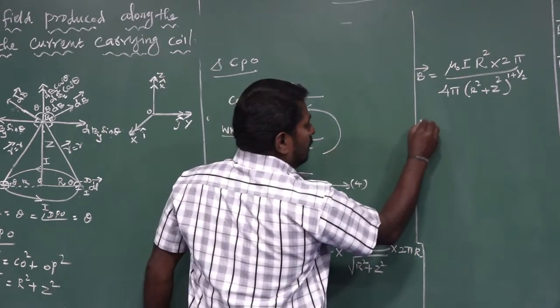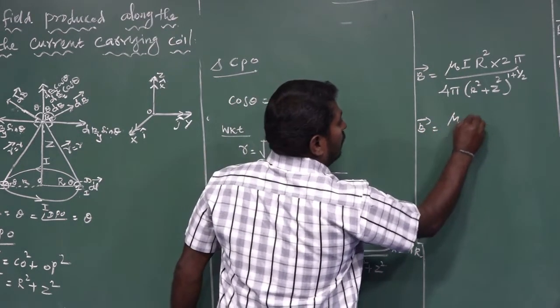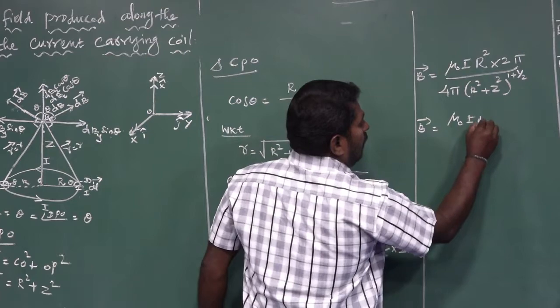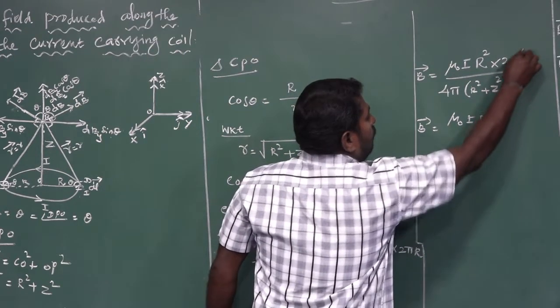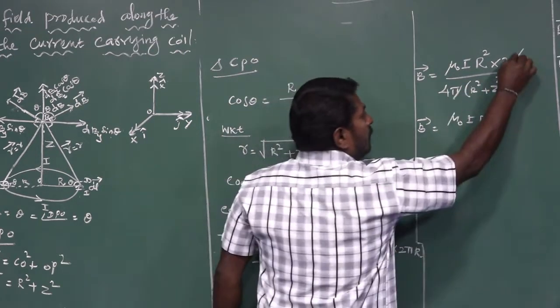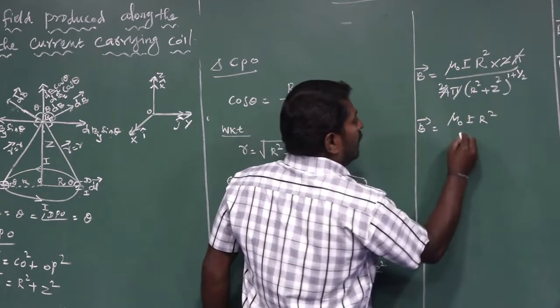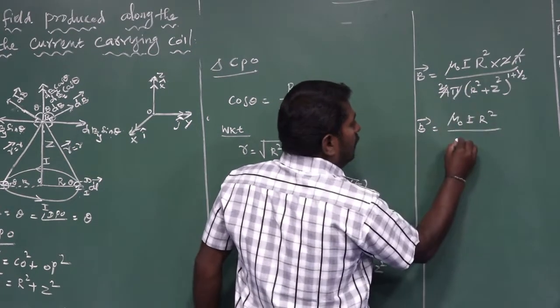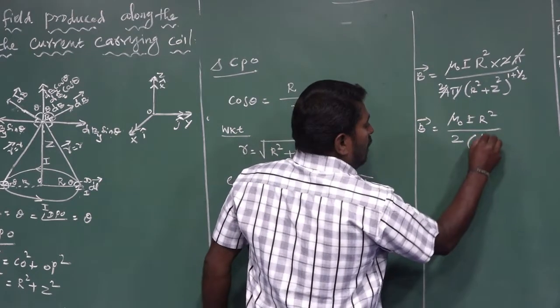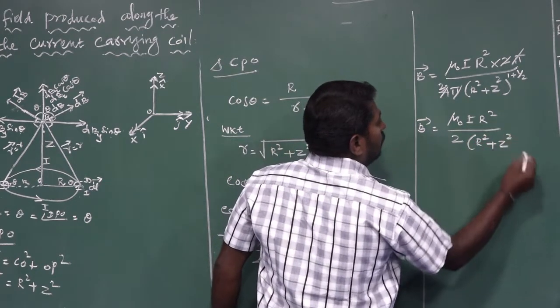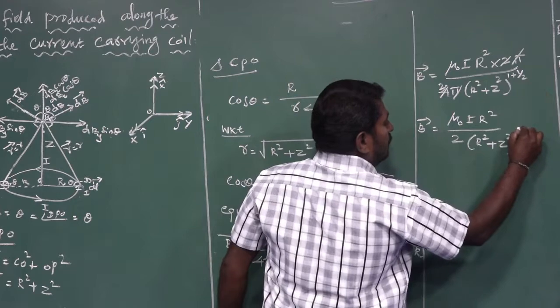Then B vector is equal to mu naught I, R square, pi gets cancelled out, 2. So therefore, divided by 2 times R square plus Z square whole power 3 by 2.